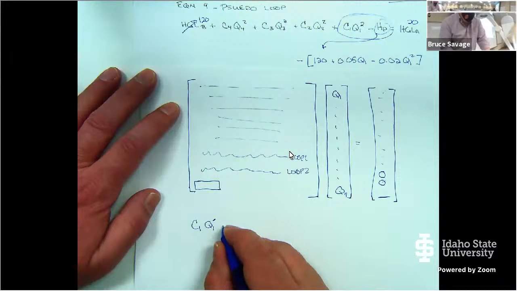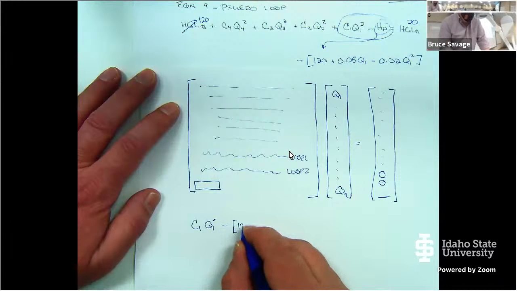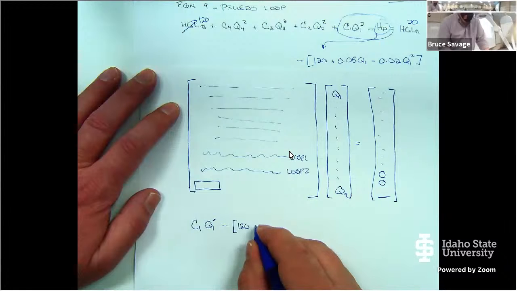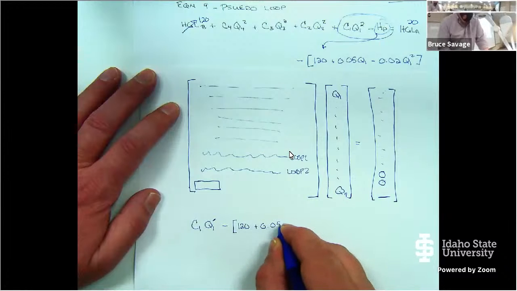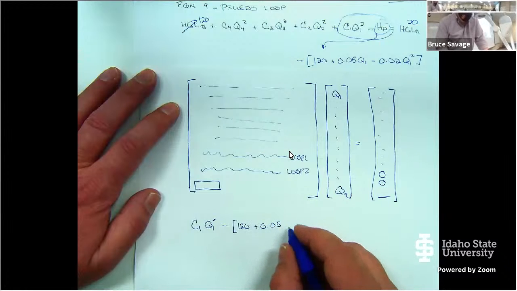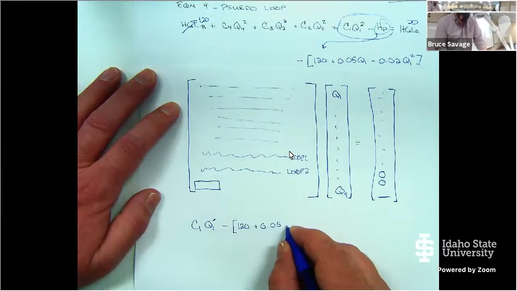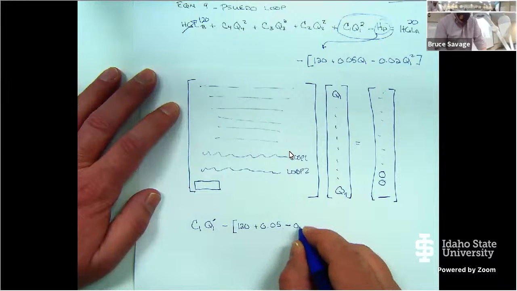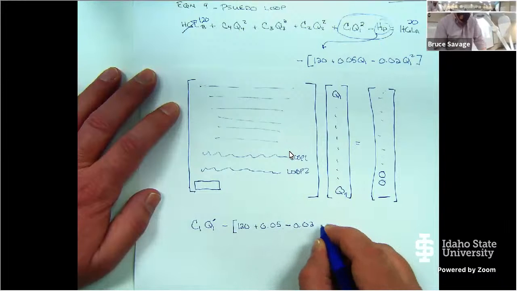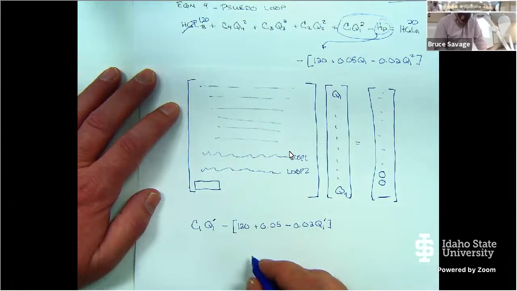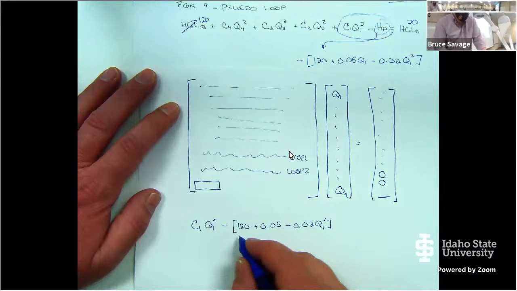And then I'm going to have minus 120 plus 0.05 minus 0.02 Q sub 1 prime, end of bracket, and then this whole, oh, I did that wrong, didn't I? Yeah, I didn't use my eraser pen. Sorry. This bracket shouldn't be there.